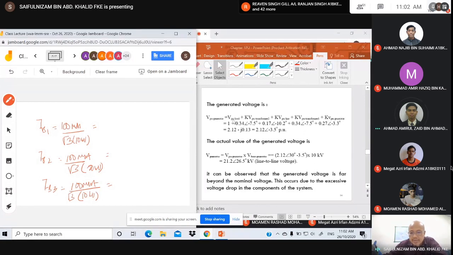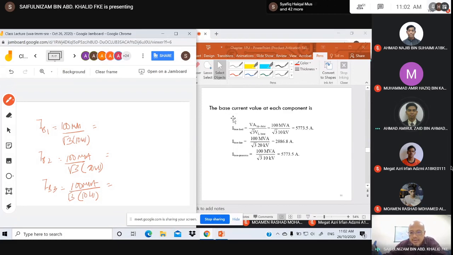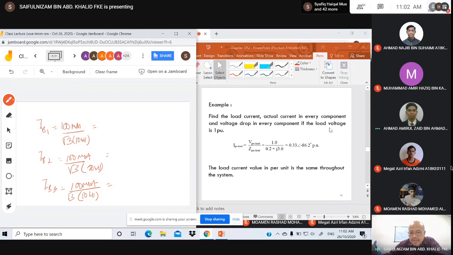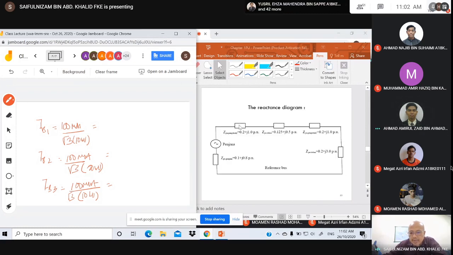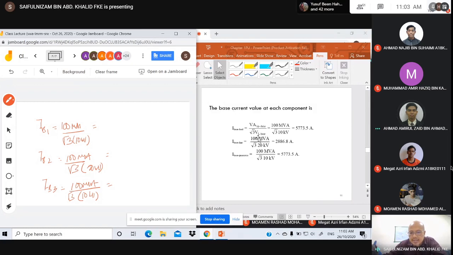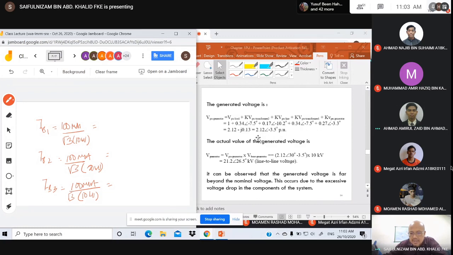So this is the load per unit voltage. It's given, 1 per unit for load. So you add up all the voltage drops across each element to get the generated voltage. So you get 2.12 angle minus 3.5 pu. And again, multiply with the base value of the generator, which is 10 kV.